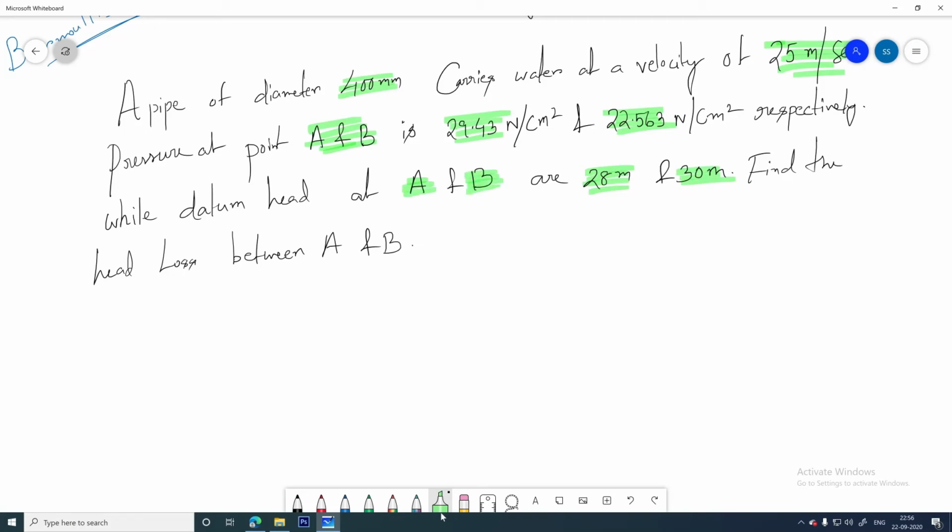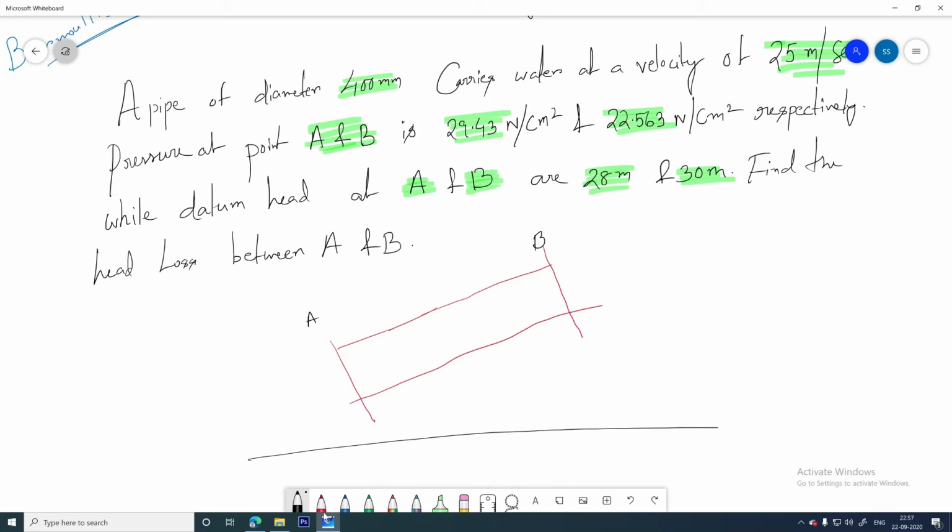If we picture the numerical, we have a pipe which is inclined. Suppose we have two sections, A and B. If we consider this one as a datum, then this height, the datum head at section A, is 28 meter.